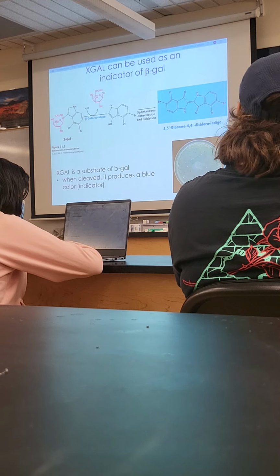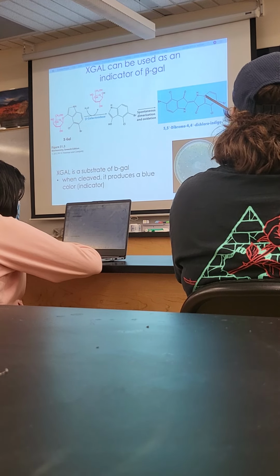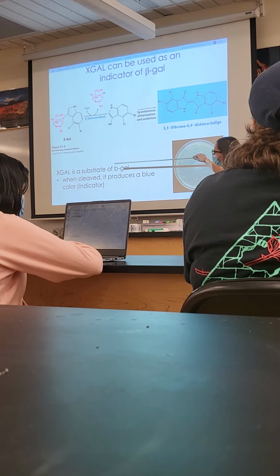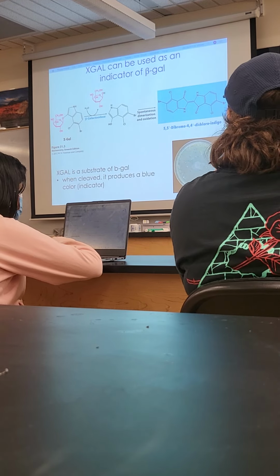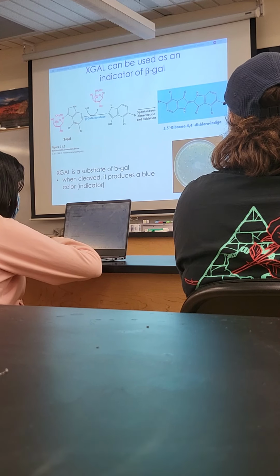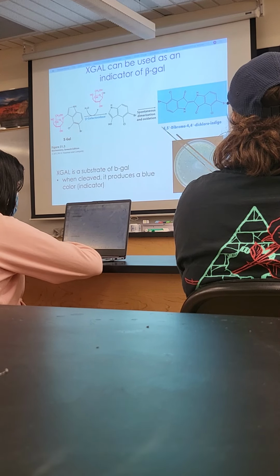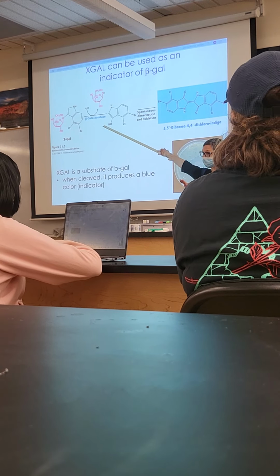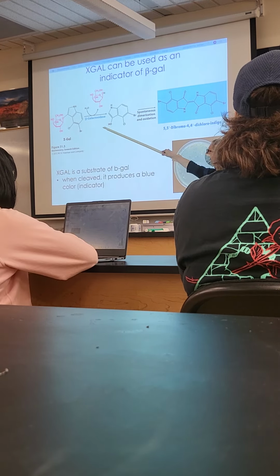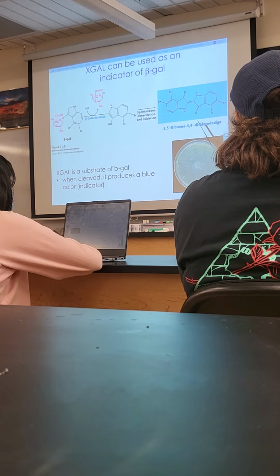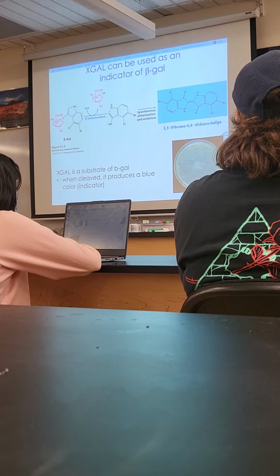This X-gal substance is a chemical substrate that when it gets cleaved, produces a blue product. So it's basically a readout. If you have beta-galactosidase there, which means that LacZ was turned on, you'll get a blue product. And that can tell you when LacZ is being expressed.